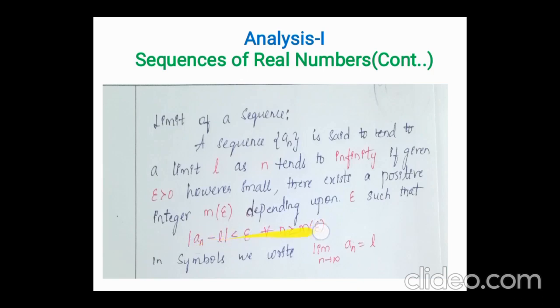If this condition is satisfied, then we say the sequence is tending to the limit L. In symbols we write limit as n tends to infinity of a_n is equal to L. So this is the limit of a sequence. Now, based on this definition, we will solve some examples.